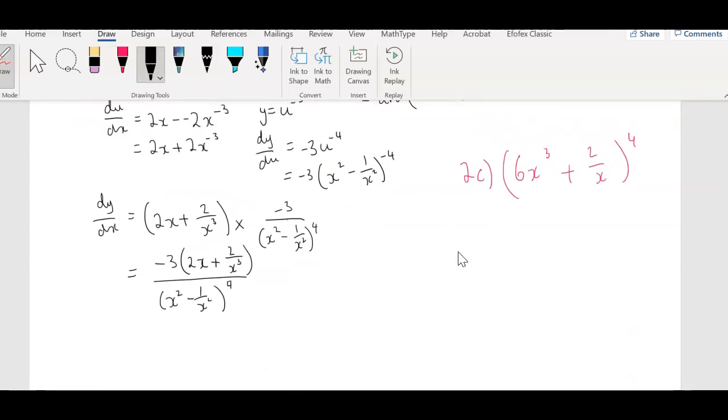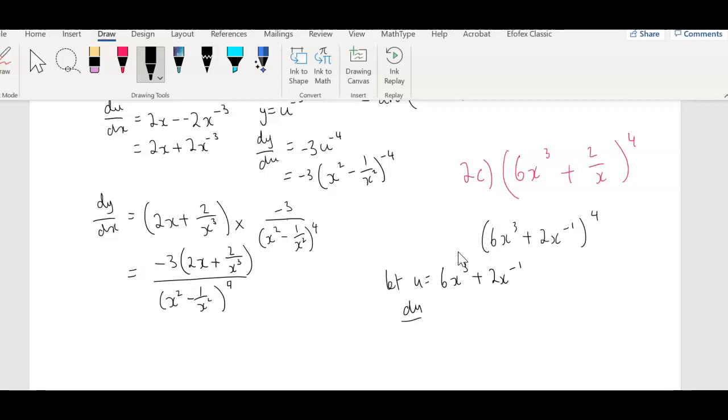I'm going to rewrite this, so we've got the x on the base. This is the same as 6x cubed plus 2x to the negative 1, all to the power of 4. So let u equal 6x cubed plus 2x to the negative 1.